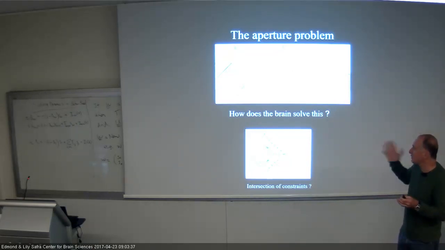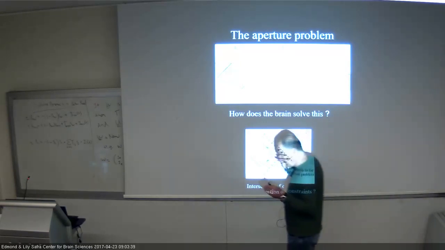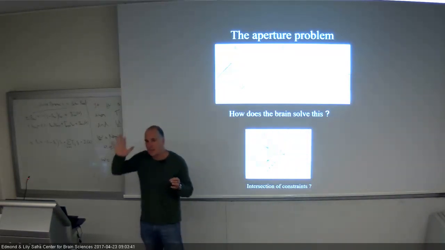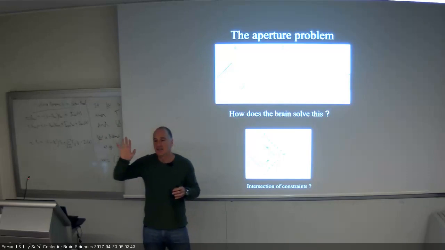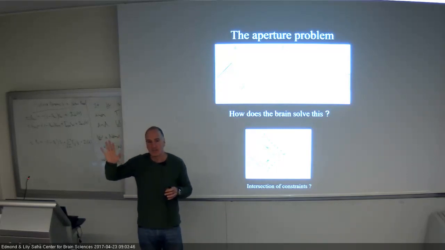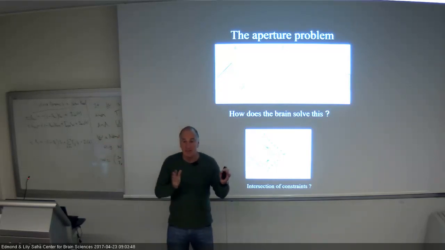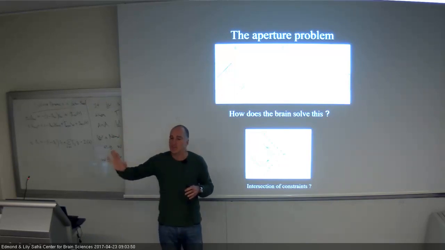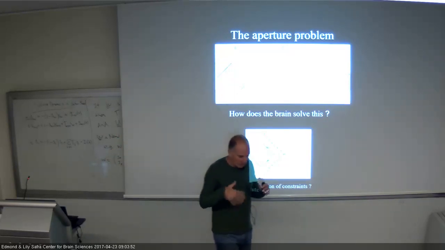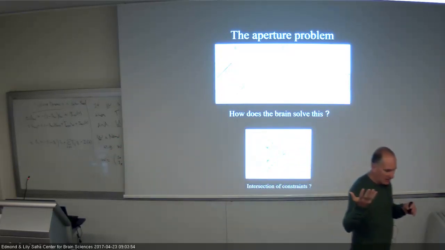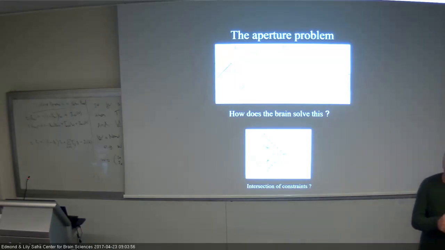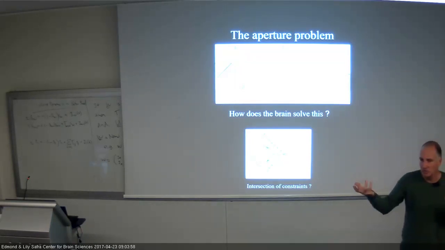If you remember, the last thing I mentioned was that if you adapt to a grating of a given spatial frequency, you get a shift. Say you adapt to a low spatial frequency, you get a shift of the percept when you present a grating of higher spatial frequency, and if you adapt to high spatial frequency, you get a shift to low spatial frequency.